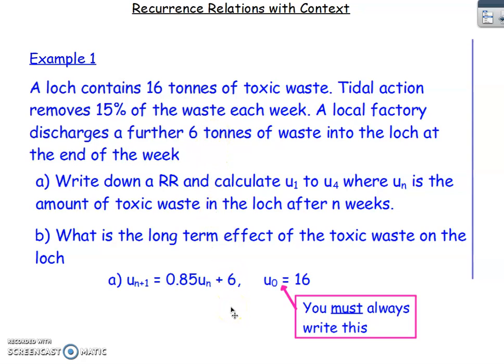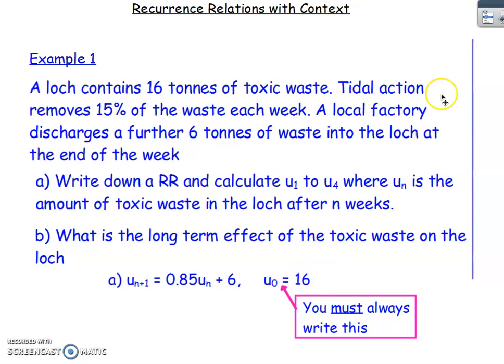And what's important in this example is you include the initial amount, because that's going to have an impact. Your initial amount of waste is going to be 16, and you need to write u0 equals 16.